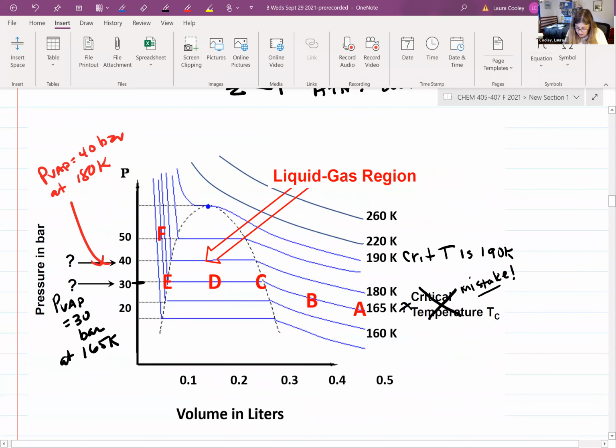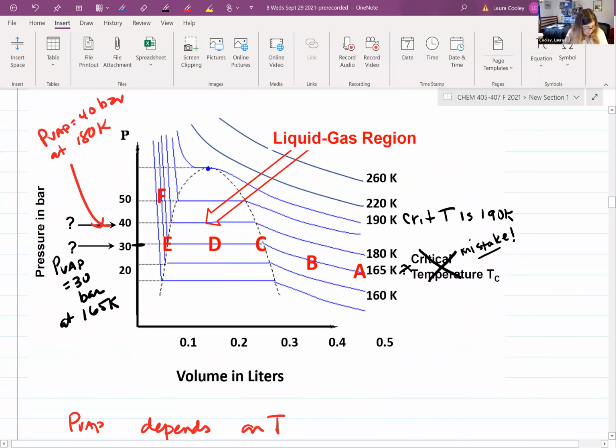So for 165, the liquid starts to form here at point C, as I said, and you have to have a 30 bar pressure. Vapor pressure here is 30 bar. That's what this question mark is. It's really given before any liquid will form. That's a really high pressure. You'll notice the molar volume here is between 0.2 and 0.3 liters, a really, really small molar volume at this point.